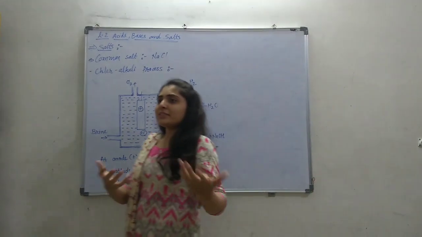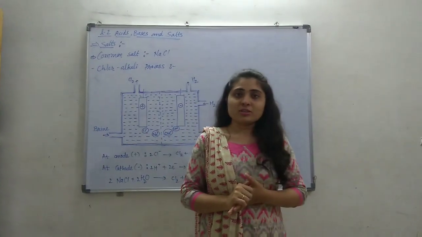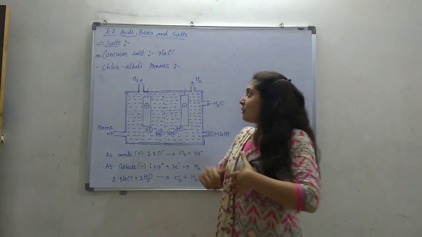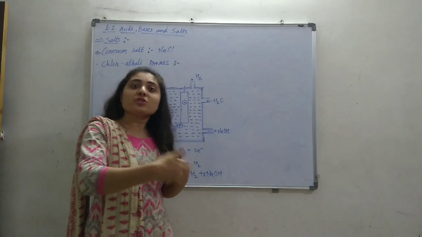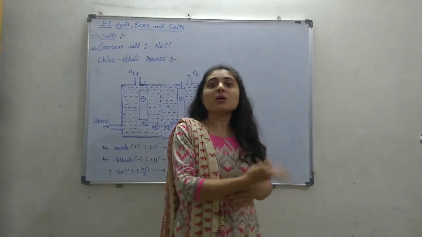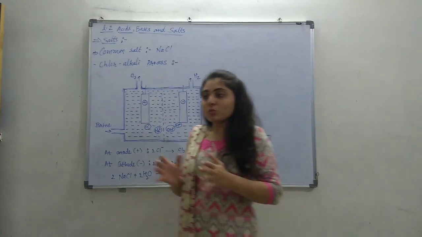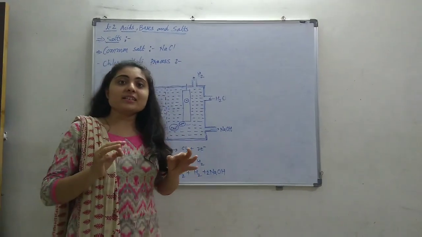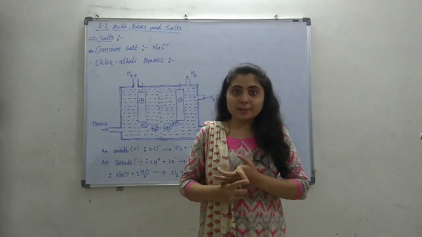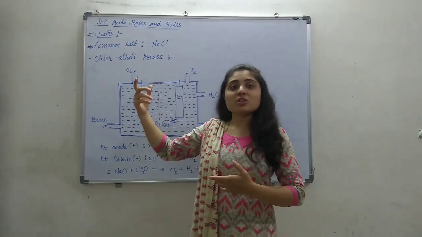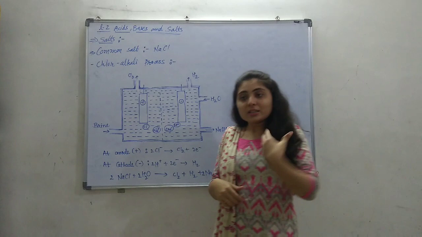This salt is used extensively in the kitchen, but it is also used in the preparation of some other compounds. First, NaCl is used to prepare NaOH, sodium hydroxide, and that preparation is known as the chlor-alkali process that we are going to learn.